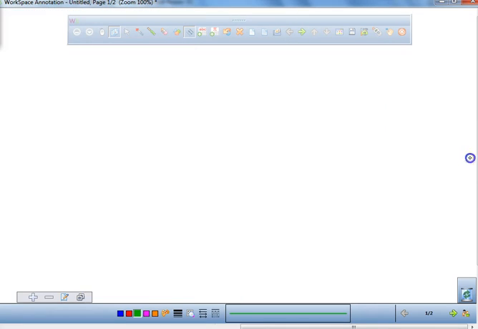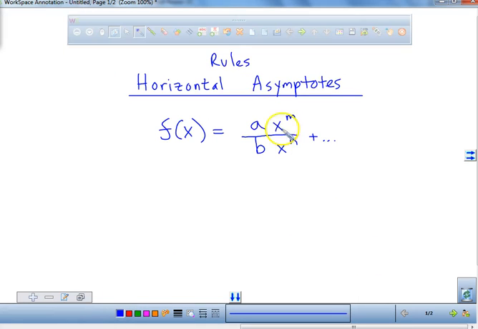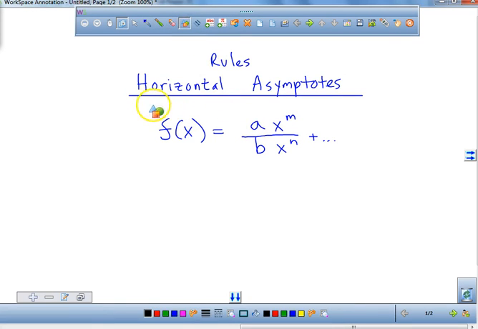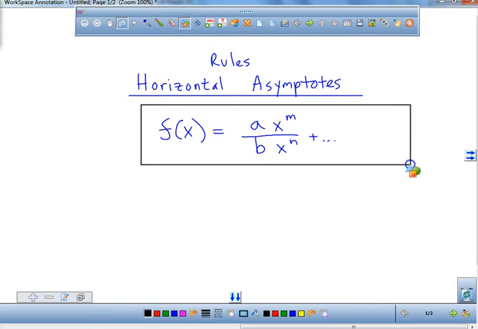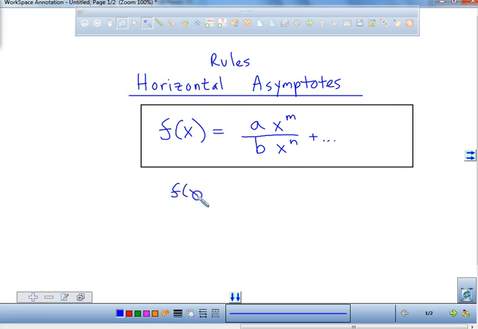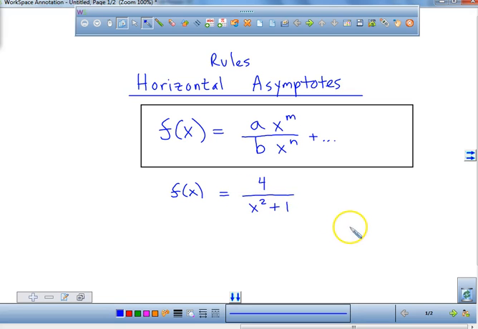All right, so we need to talk about the rules for horizontal asymptotes. This is where you need your journal right here. Okay? So I want you guys to write horizontal asymptotes. All right, so we have rules for horizontal asymptotes. I want you guys to imagine that you have some rational function. So in our function, we had f of x equals 4 over x squared plus 1.